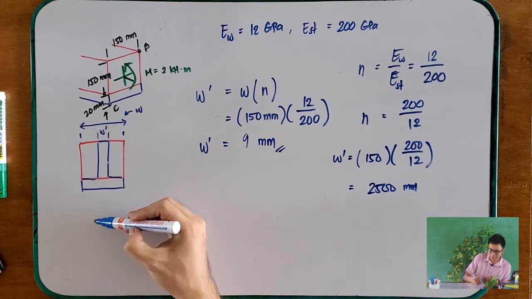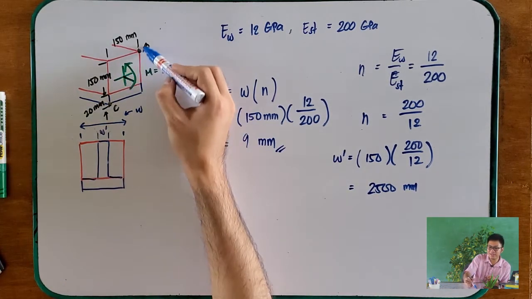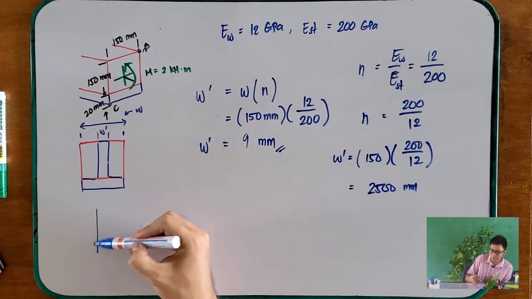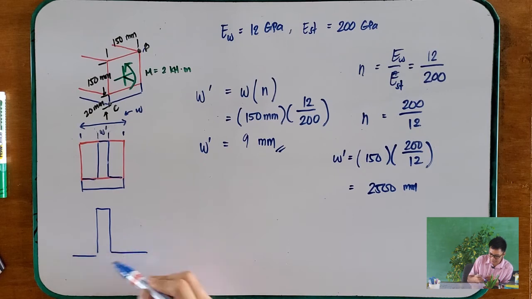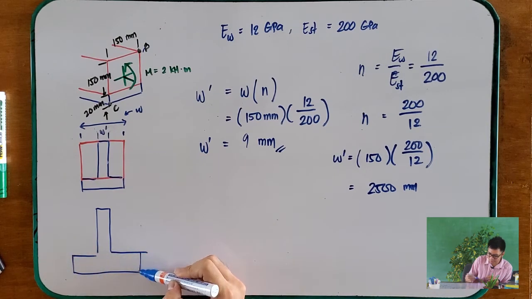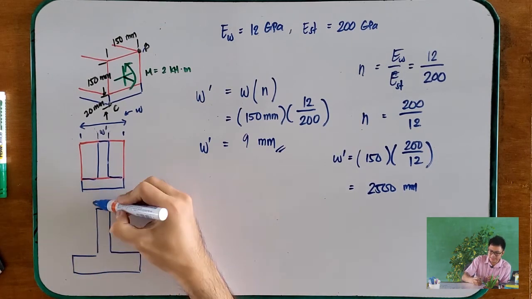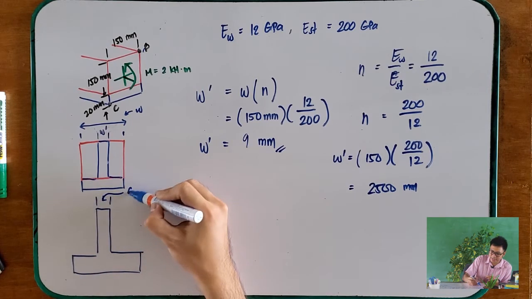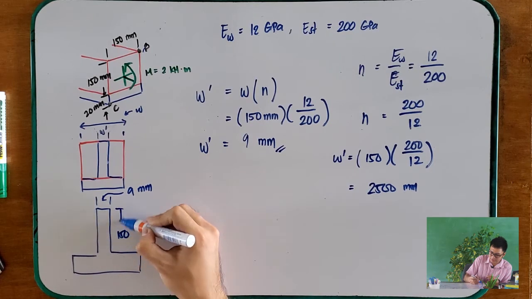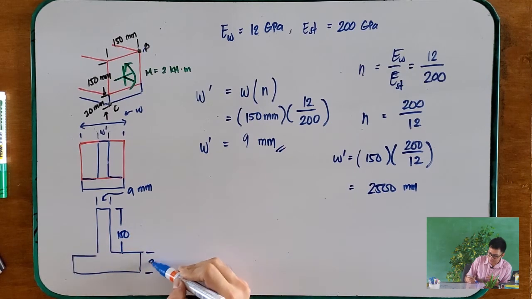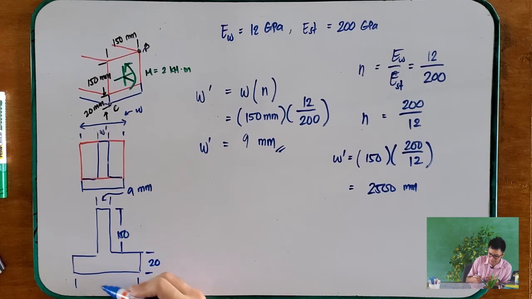And therefore, instead of having this one, na-transform na siya into this one. Okay? And this one, again, is 9 millimeters, 150, sakto, 20, and 150.